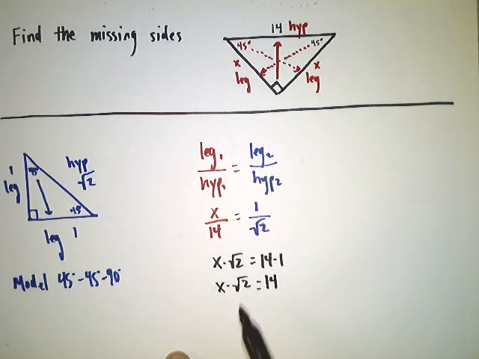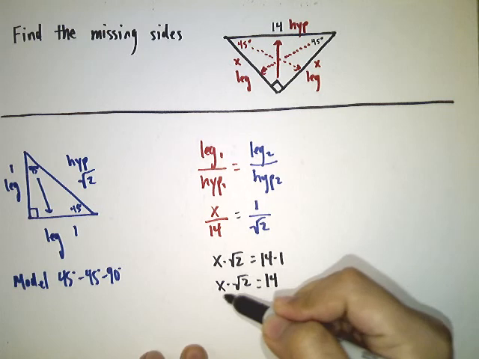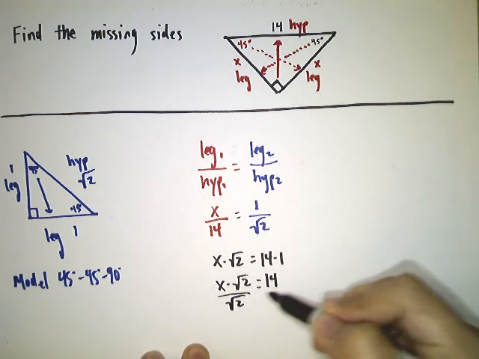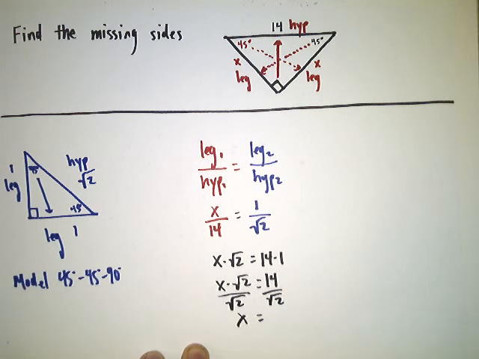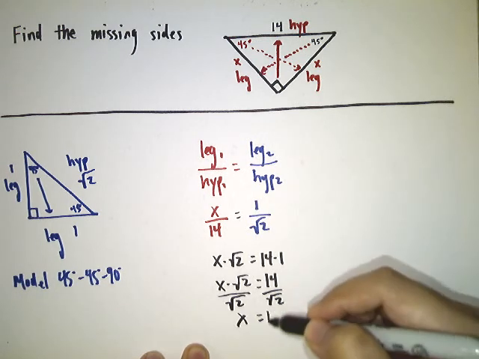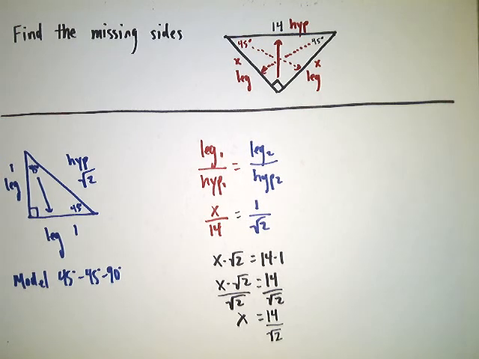We have to get x by itself, which means dividing both sides by the square root of 2, to undo the multiplication. So we get x equals 14 divided by root 2. Again, really gross. It's bad form, it's bad manners. So let's deal with that irrational denominator.